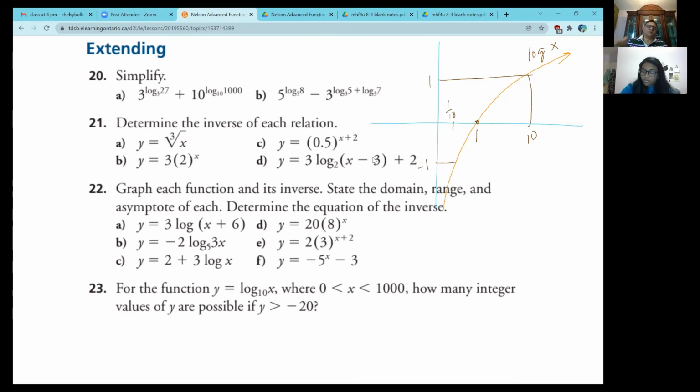Is that correct? Yeah. So we have these critical points. Let me write down the critical points: 1 over 10 gives us -1. The second one is at 1, I have 0. And the third one, at 10, I have 1, correct?